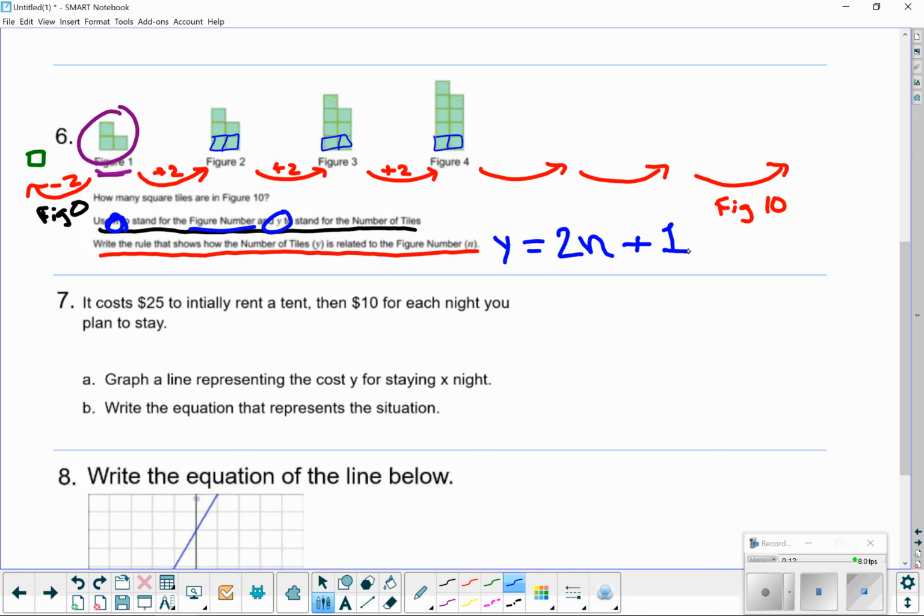So if I want to know how many are in figure 10, all I have to do is put in 10 right here. So figure 10 should have y equals 2 times 10 plus 1. So 2 times 10 is 20, plus 1. So figure 10 should have 21 squares.